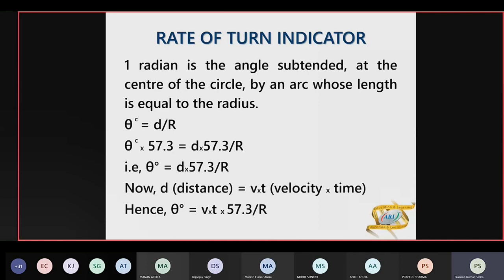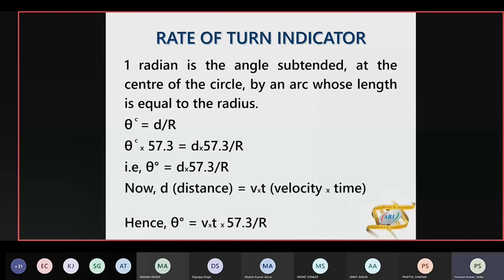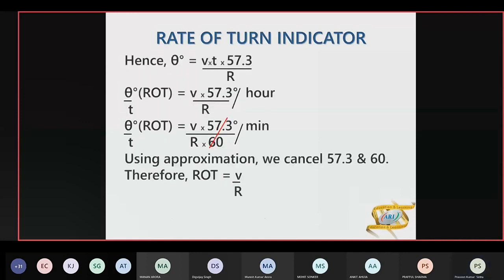So you may follow what we have already done in the class. You must have made notes, so stick to that itself. So that's not an issue. Finally, we get to that same result. ROT is equal to V by R.